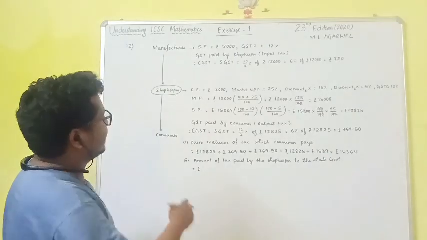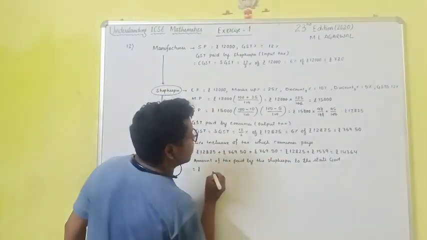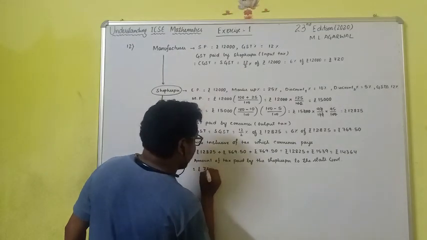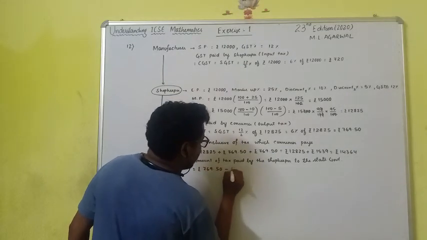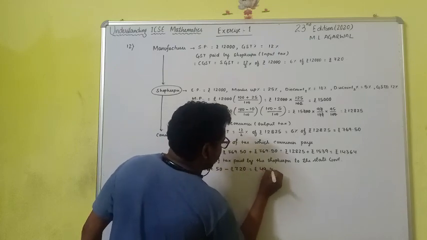If you do that, you will get the amount of tax paid by the shopkeeper to the state government. So it will be 769.50 minus 720, which is equal to 49.50.